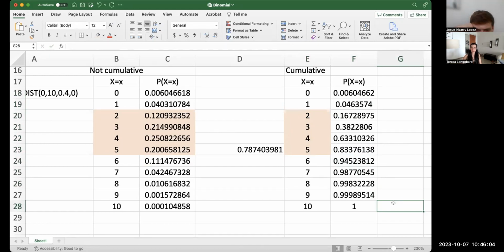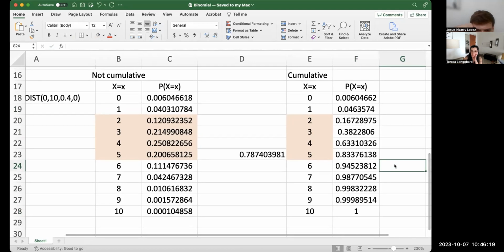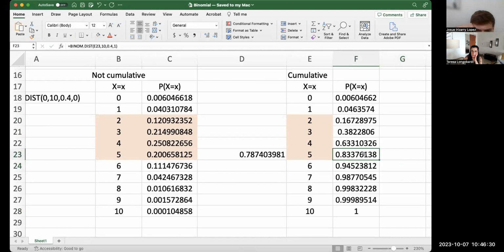It's because it's discrete and not continuous. I do have a discussion about continuity correction that I asked you to see. It's not going to be on the final, but it's interesting. Because this is 5 and everything before it, and this is 2 and everything before it.